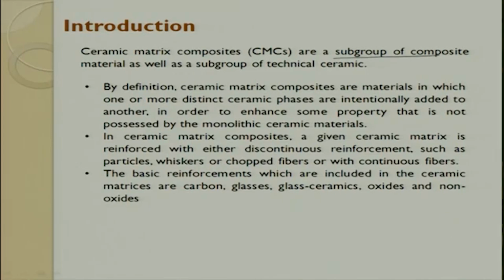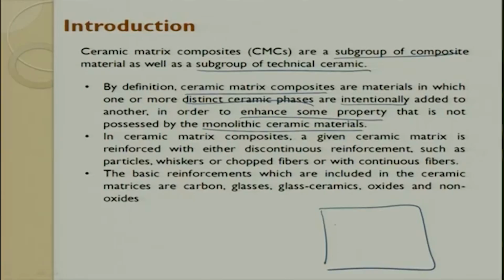Ceramic matrix composites are a subgroup of composites as well as a subgroup of technical ceramics. By definition, ceramic matrix composites are materials in which one or more distinct ceramic phases are intentionally added in order to enhance some properties that are not possessed by the monolithic ceramic. The biggest thing we are looking forward to is enhancing the toughness property.